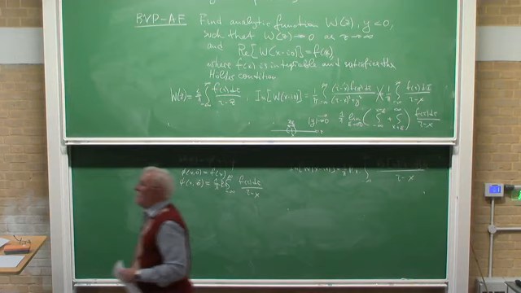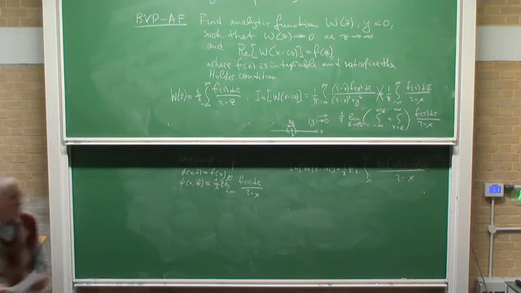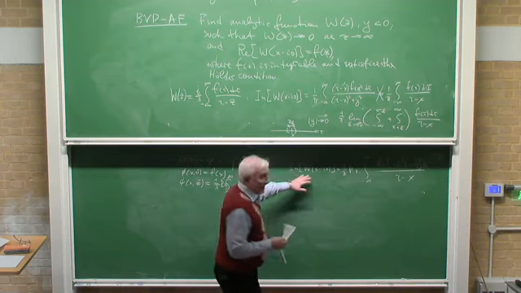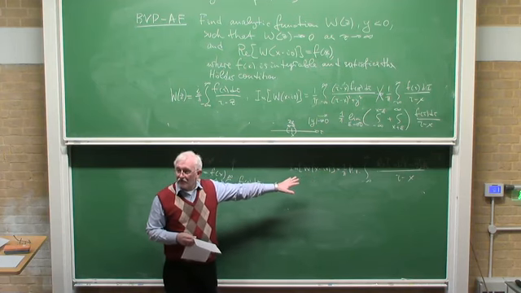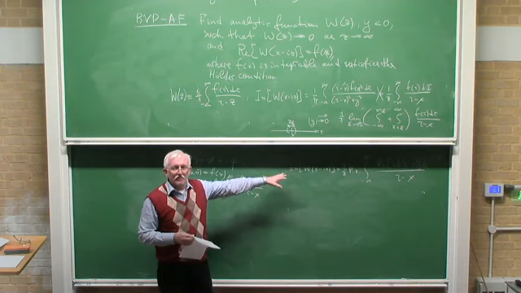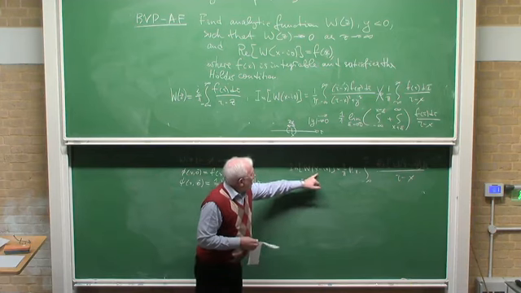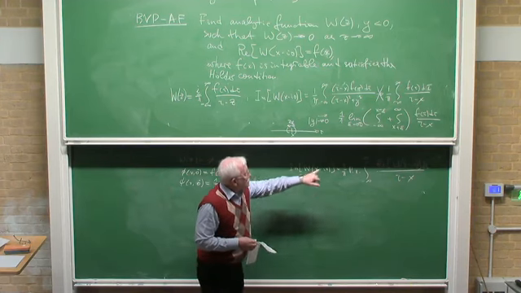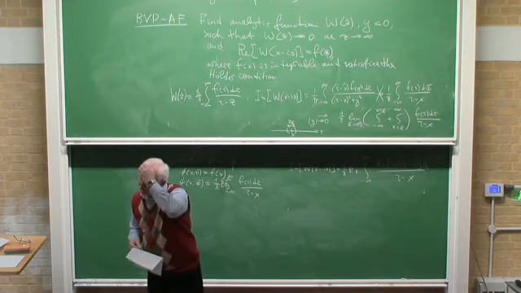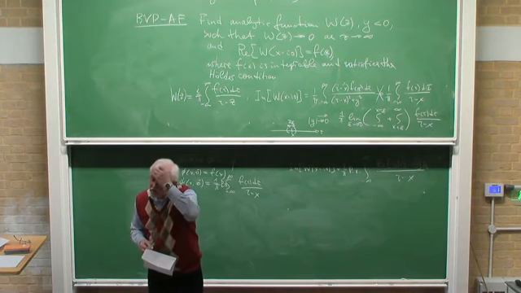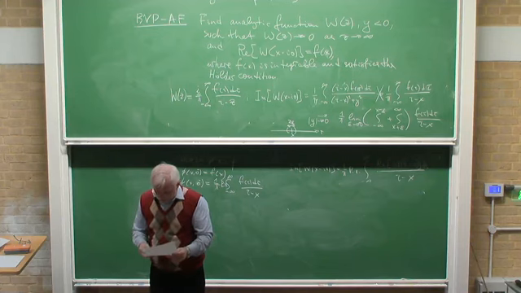This means that the imaginary and real parts of any analytical function, now not related to any problem, are related by this equation, which is known as the Hilbert formula.